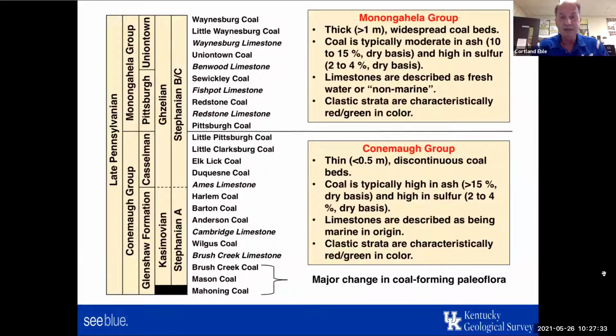One thing that I think is unique to the Dunkard Basin is that we have the overlying Monongahela Group, which is the Pittsburgh and Uniontown Formation. Here we have very, very thick, widespread coals that are low to moderate in ash, but high in sulfur, and a lot of limestones that are described as freshwater or non-marine. In both cases, the clastic strata that interbed with the coal are characteristically red-green in color. Next slide.